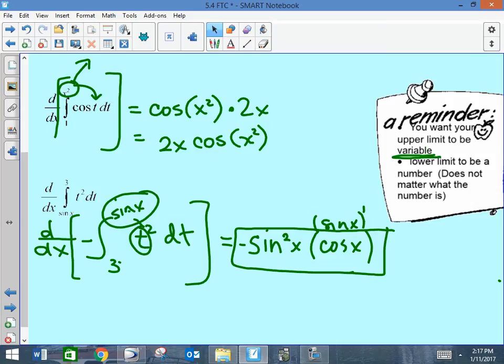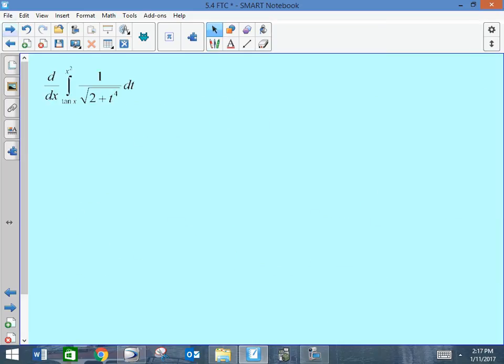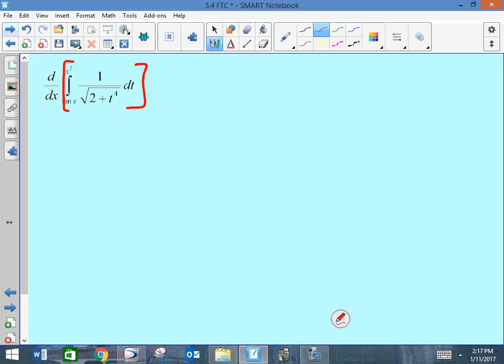What if they're both functions? Well, if we reverse them, we'll still have two functions. We are going to split it up.